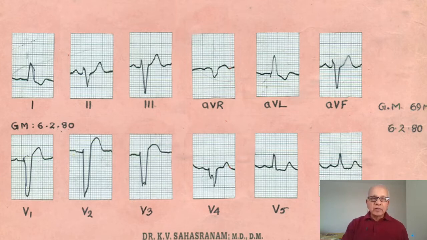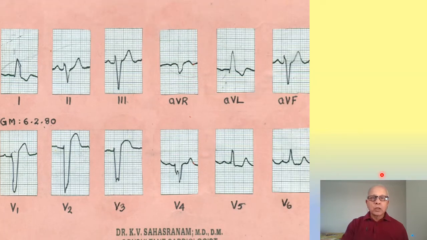So friends, we will go on to the answers to these questions. Now, what do you see in the ECG? It shows a widening of the QRS complex here, isn't it? Lead 1 shows widening. On measurement that comes to 4 millimeters, which will turn out to be 160 milliseconds. So there is a QRS widening.